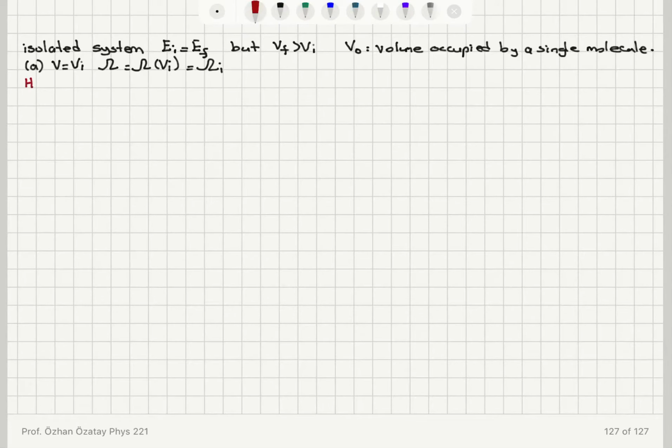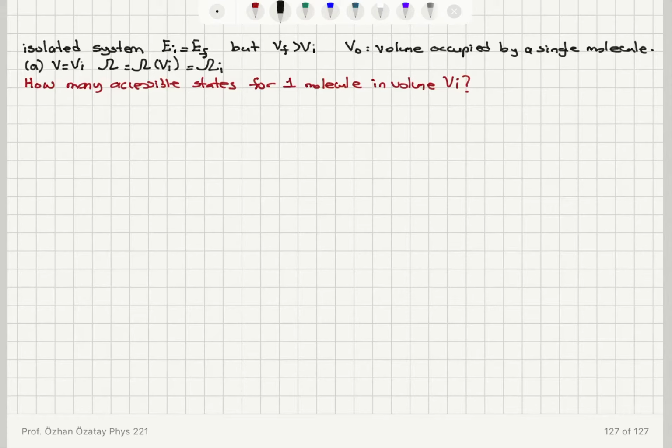How many accessible states for one molecule in volume V initial? So how many accessible states do we have?